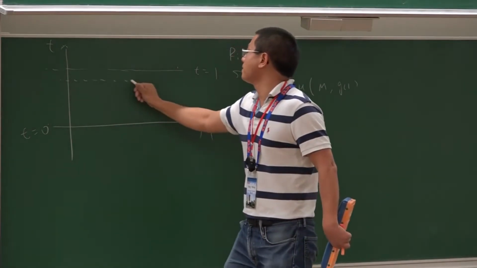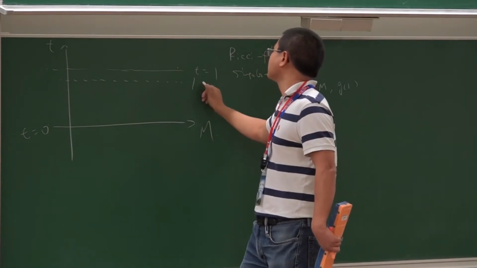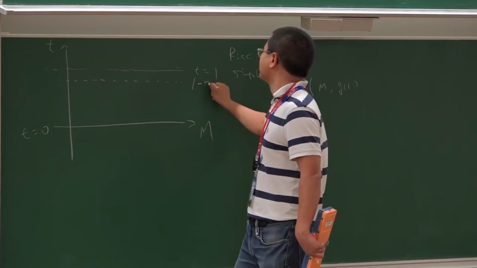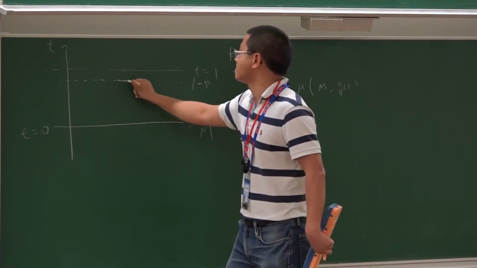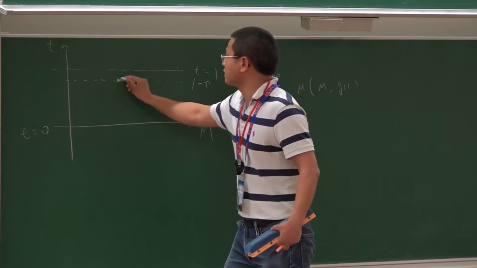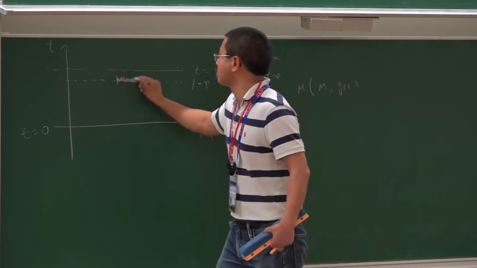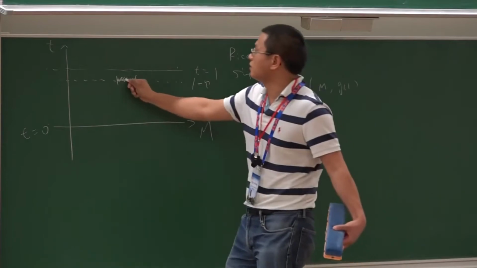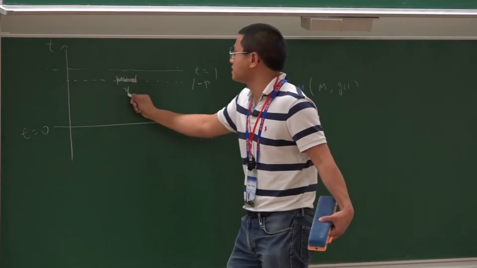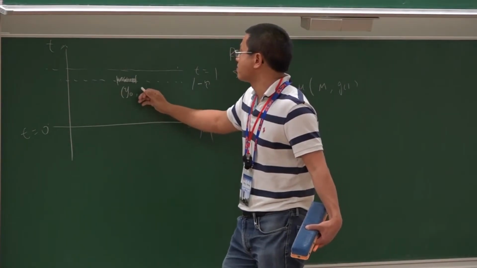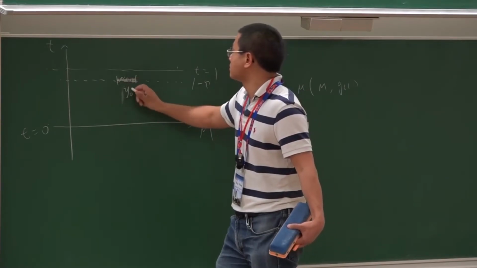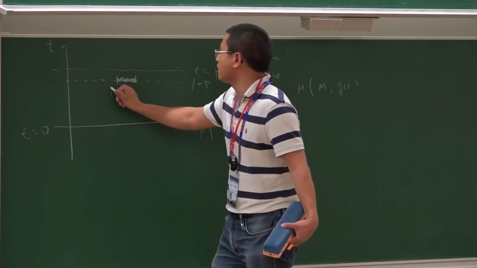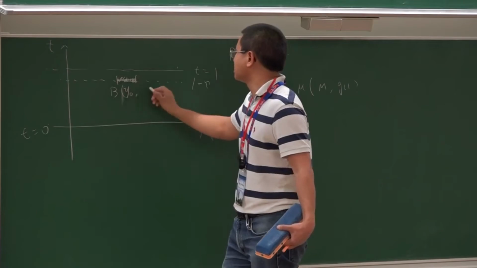Now at time 1 minus tau, I choose a ball with center y0.